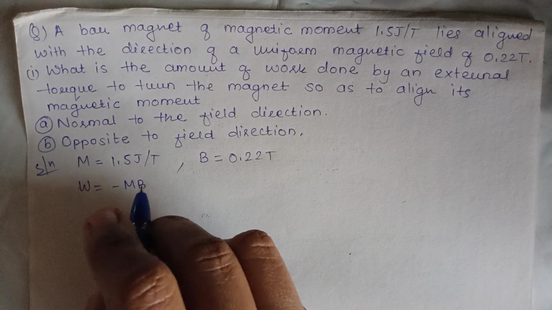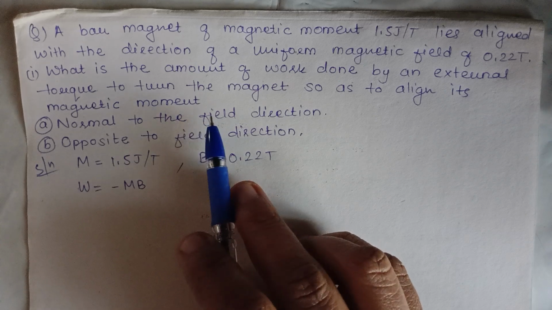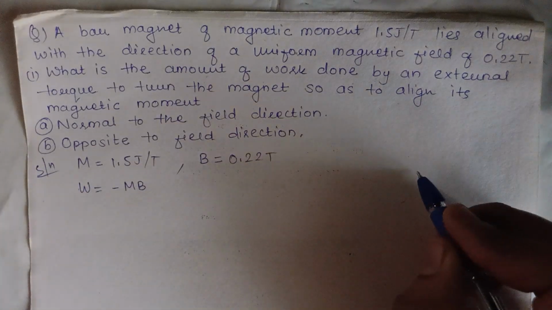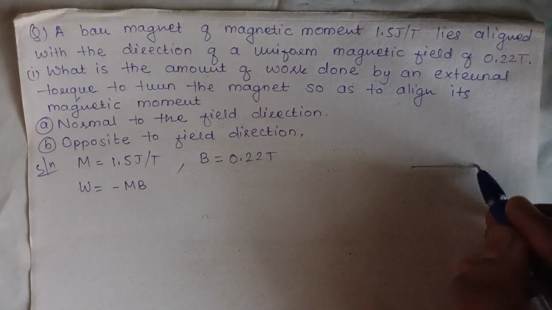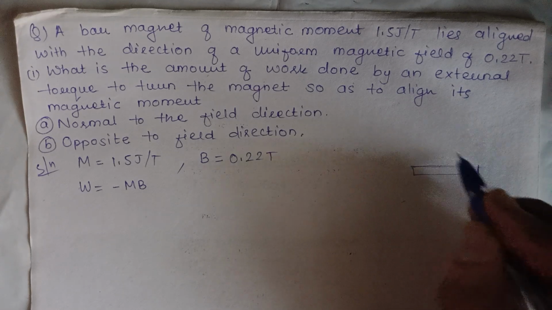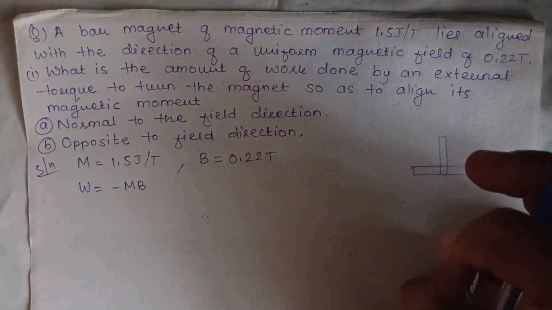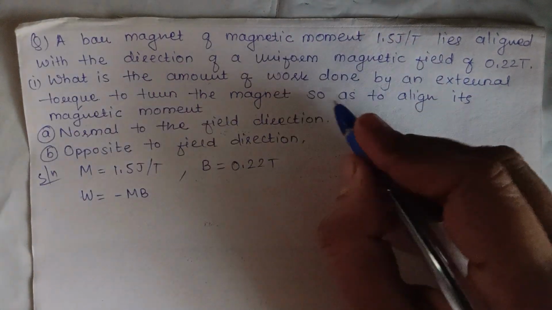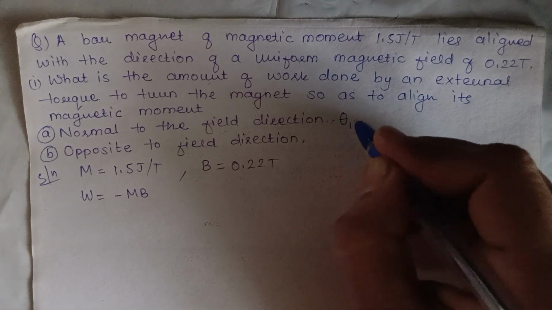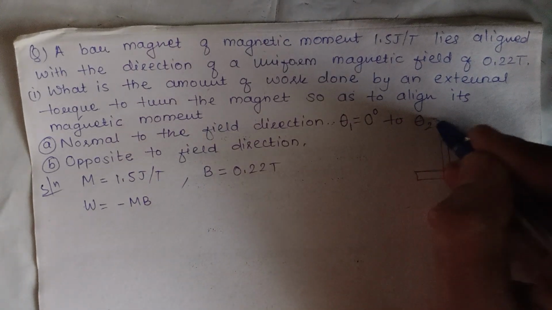But here they have given two conditions. First is the magnet is moved normal to the field direction. Normal means what? If suppose it was at 0 degree at first, normal means it is perpendicular. It is moved perpendicular. So we are moving this from theta 1 equal to 0 degree to theta 2 equal to 90 degree.